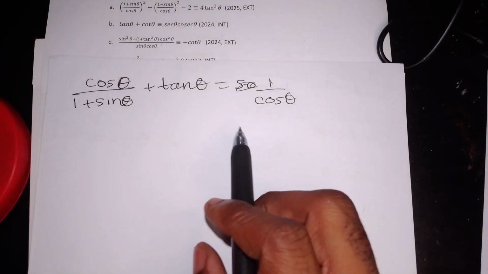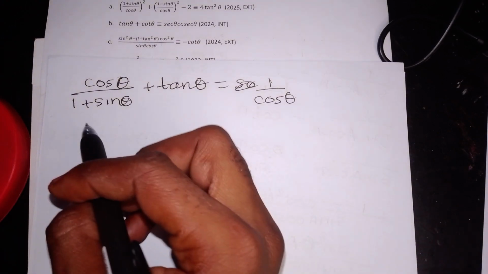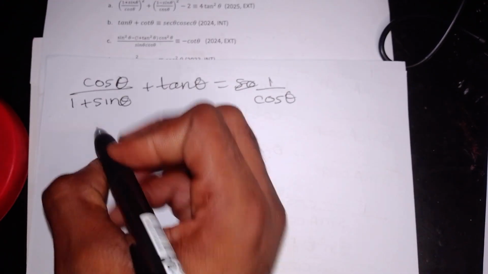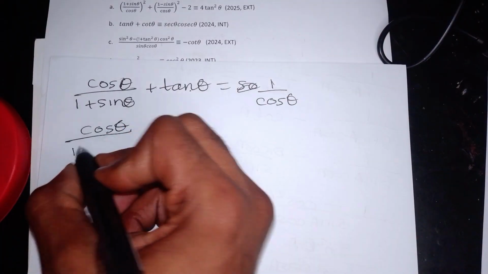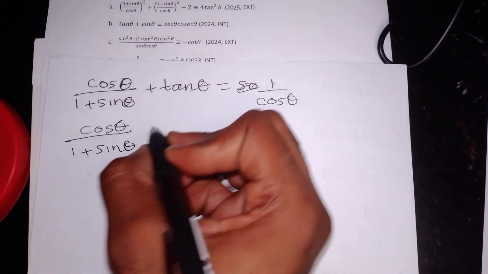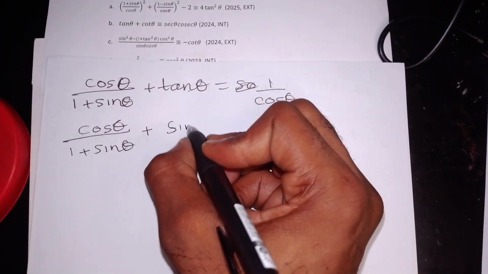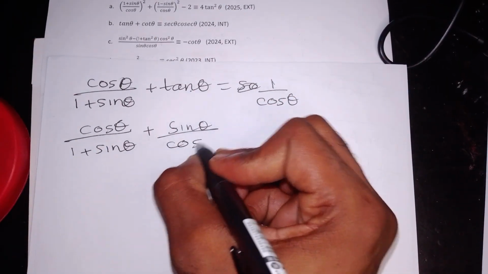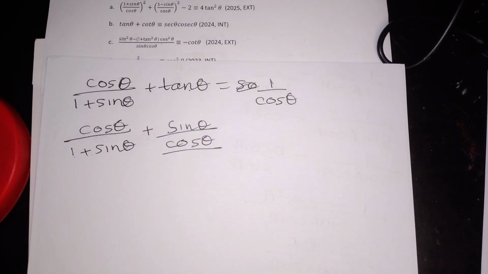So whatever you do, aim to get cosine in the denominator. So first of all, since we have a tan there, we want to change it to sine over cosine. Remember, you want cos in the denominator and not this or this or that.